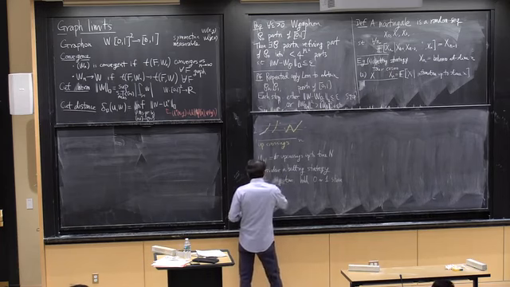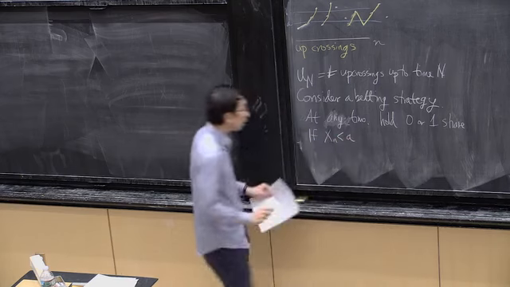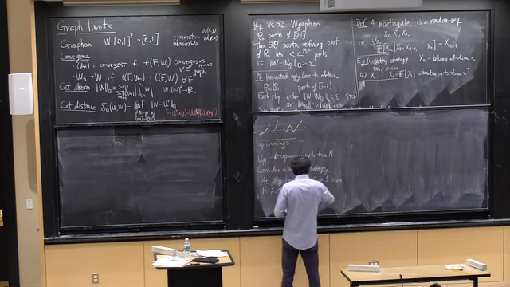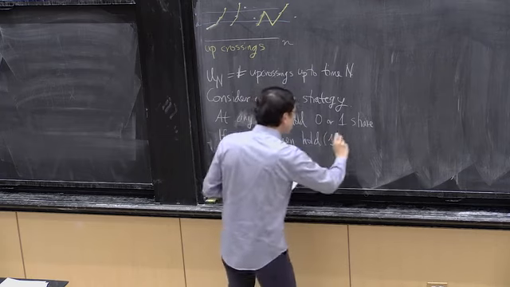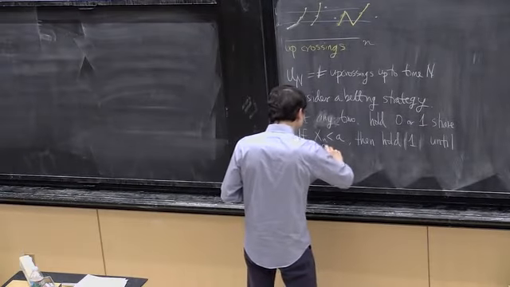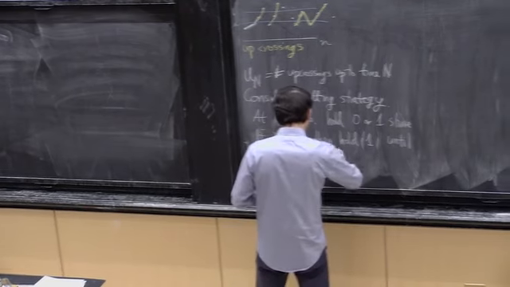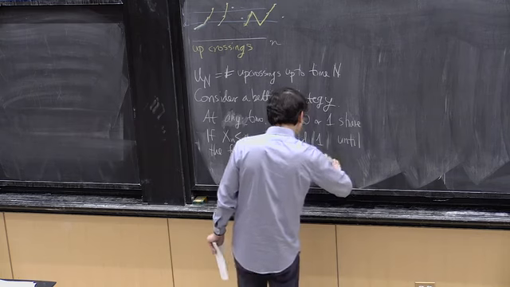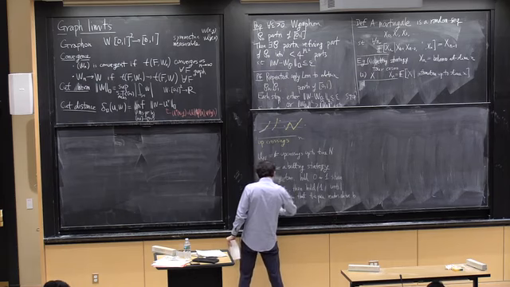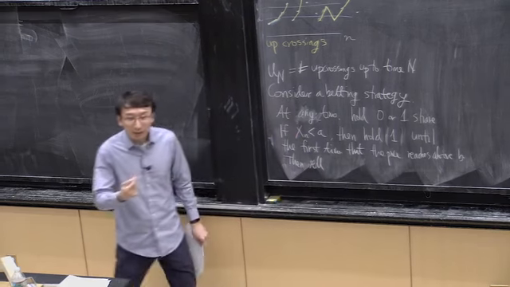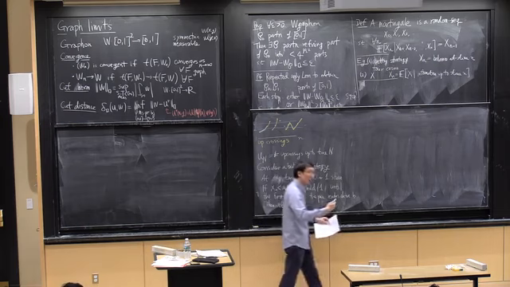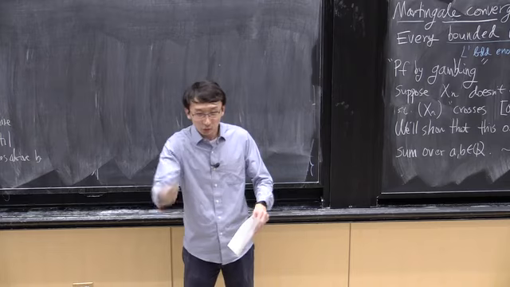If x sub n is less than A, the lower bound, then we buy and hold, meaning 1, until the first time the price reaches above B, and then we sell as soon as we see the price go above B. This is a betting strategy, and it's something you can implement: if you see a sequence of prices, you can implement this strategy.